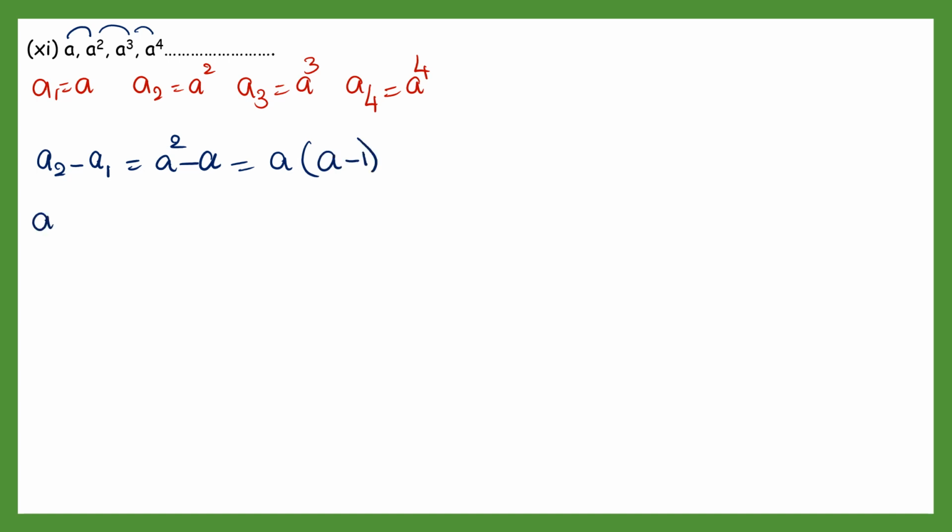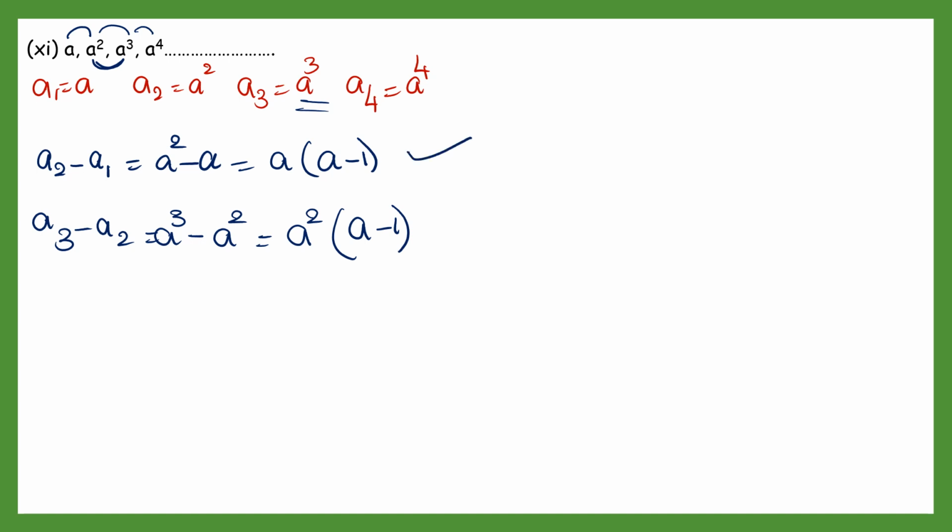Now the second term and third term are consecutive. Let's find the difference. A3 minus A2. The third term is A cube minus the second term A square. What do we get? Here A square is common. We get A square into A minus 1.